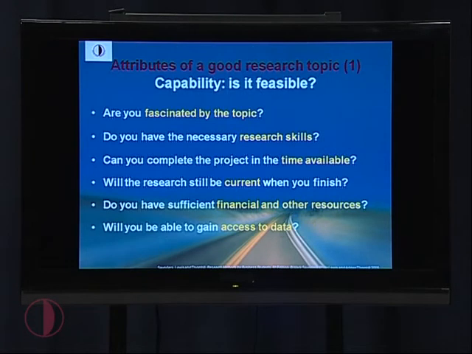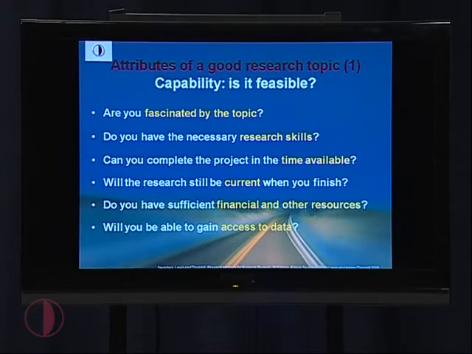your research proposal. So the good attributes for research topics: look at your capability. Is it a feasible research topic? Are you interested in this research topic? Do you have some concerns?